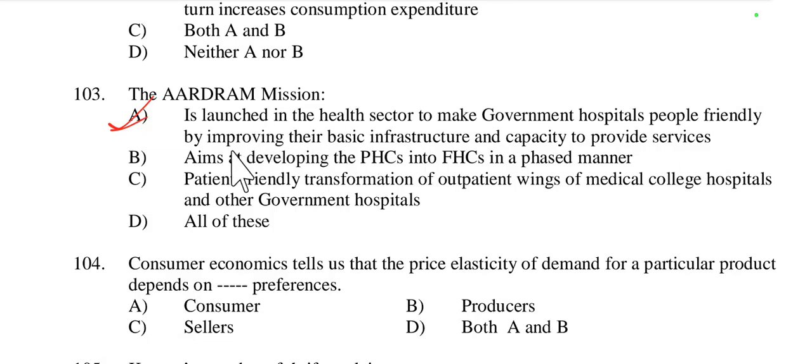Then second one, aims at developing the PHC, public health center, into FHC in a phased manner. This is also right. Then patient friendly transformation of outpatient wings of medical college hospitals and other government hospitals. This is also right. So here all of these are right for Ardram mission.